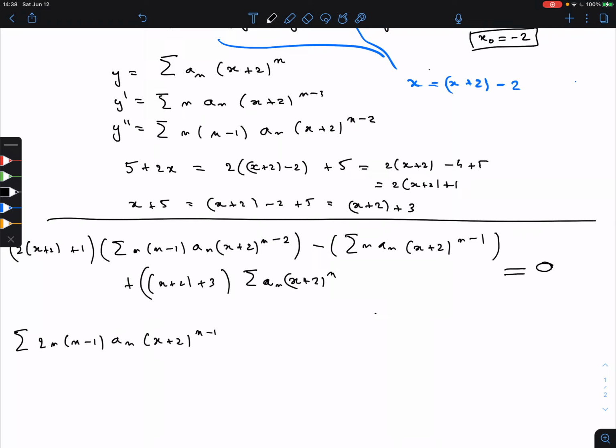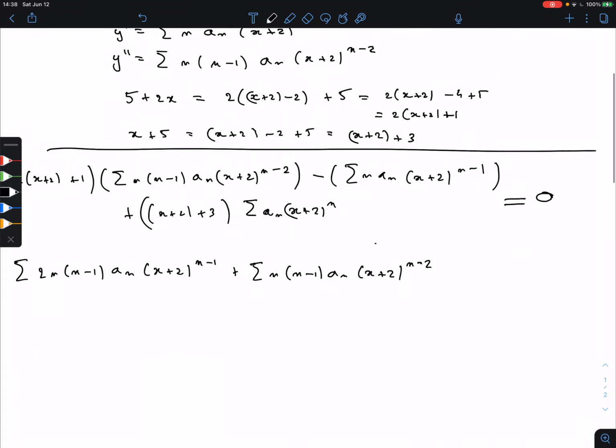So there will be a shift needed here. I'm expanding these two here. The next one is summation n(n minus 1) an x plus 2 to the n minus 2. This also will need to be shifted.